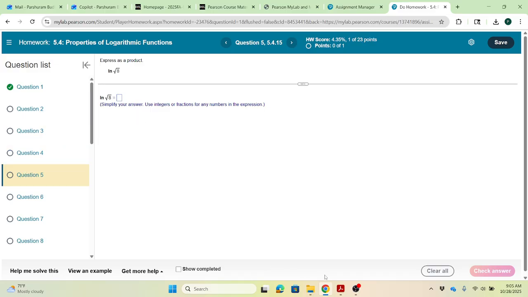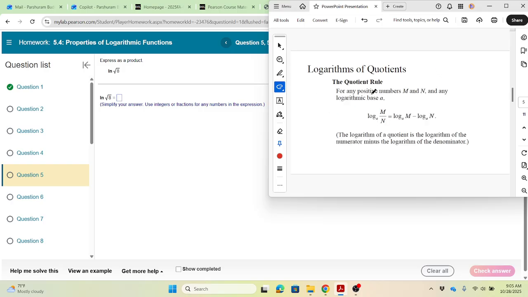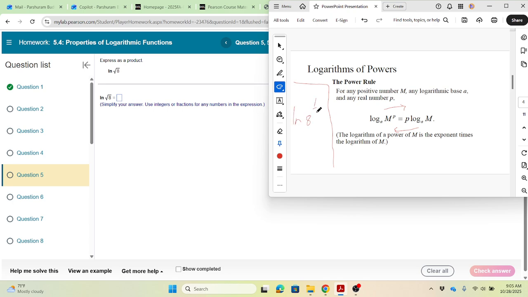This is the power rule we can use. The power rule is, if you remember from the rule here, if you have a power p, you can bring that power in front. In this problem, you can express this as a power. You can write it as ln of 8 to the power 1/2, because the square root means the exponent 1/2.